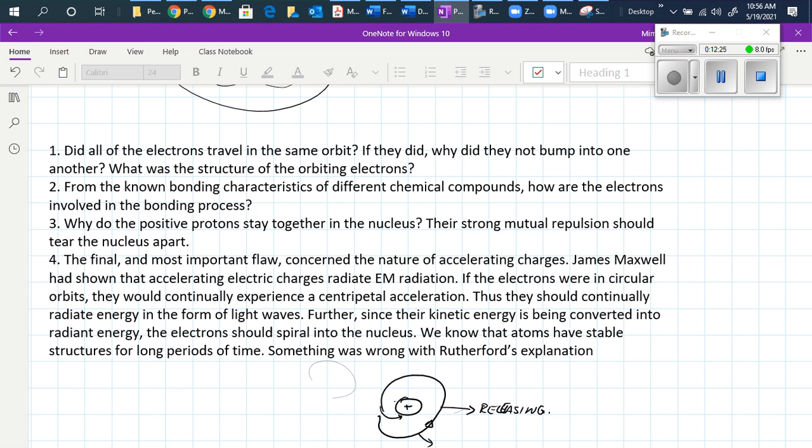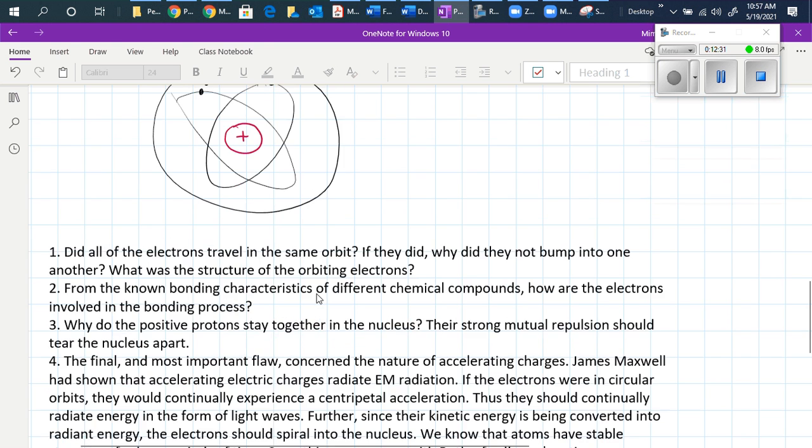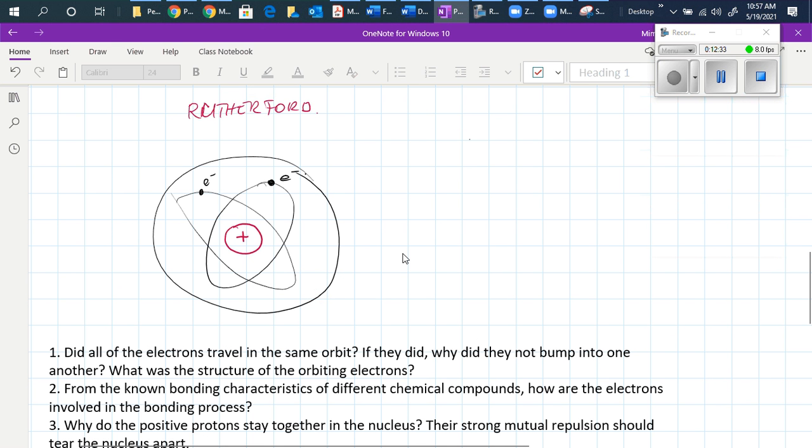So there are things that are wrong with the Rutherford gold foil experiment, but it is important as well, because it brought the nucleus to one place. It separated the nucleus in one place at the center of the atom and made the electrons move away from the nucleus.